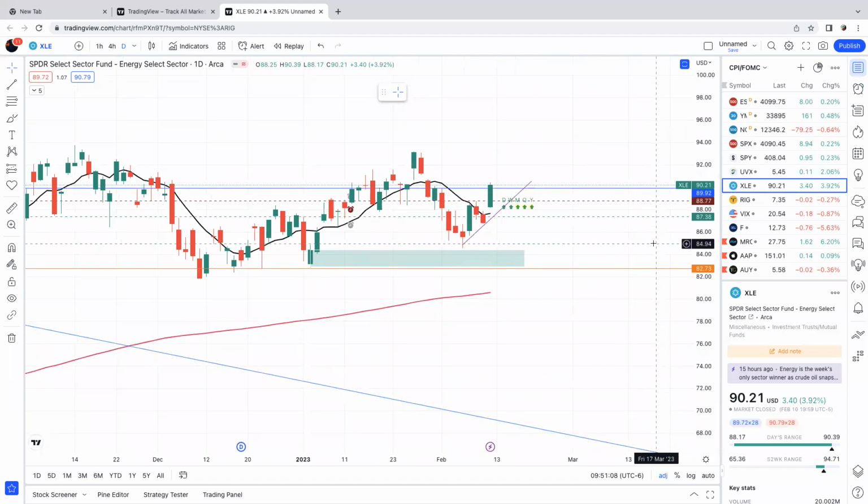So basically, you're just waiting for a retest. Exactly. Because it's too dangerous to get in right now, because you have the biggest chance of things working against you. But if you get in close to this line, there's less of a chance of it going against you.